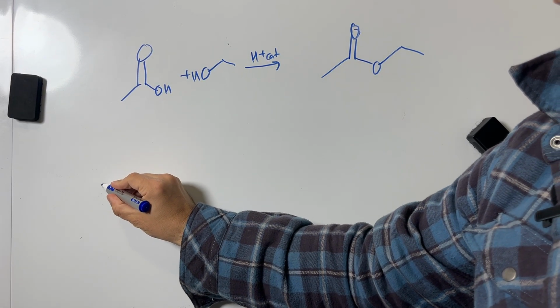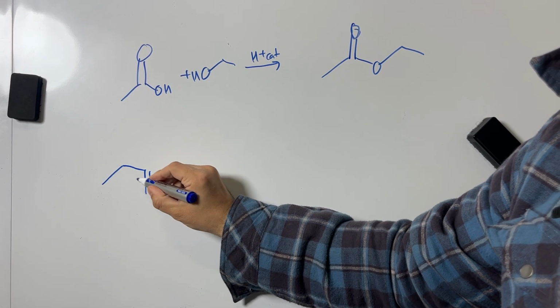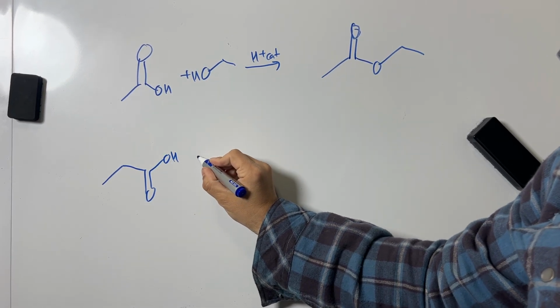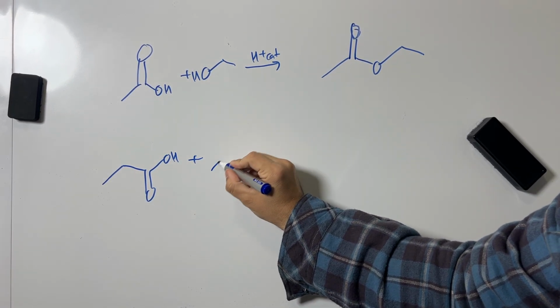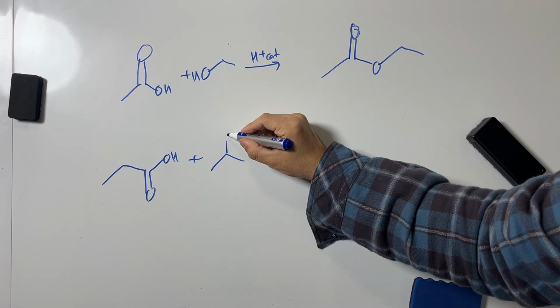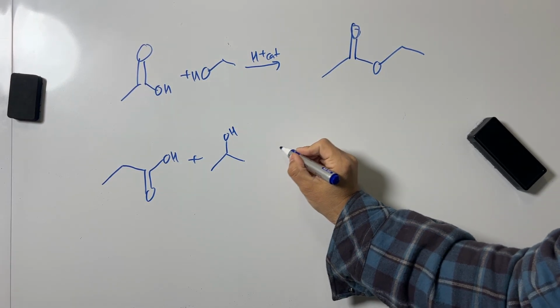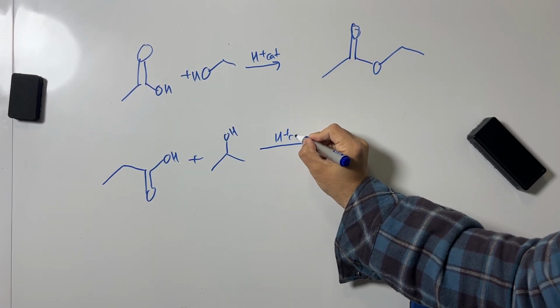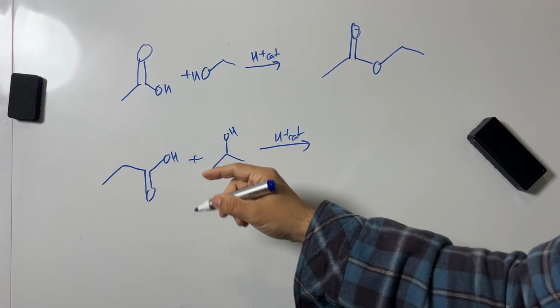Now we can go the other way. Say we have propanoic acid and say 2-propanol. Well, what does that give us? What I do is you can draw your carboxylic acid.